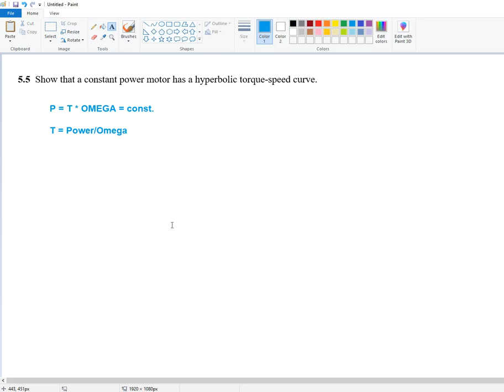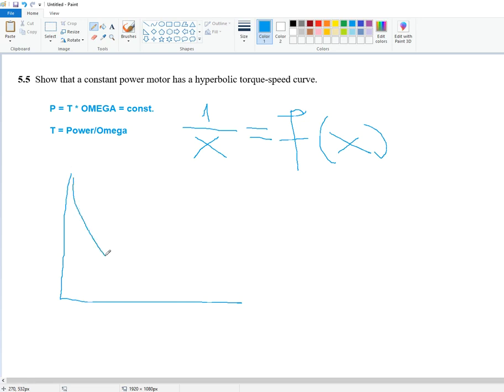Okay, so 1 over omega, or 1 over x, if you say 1 over x equals f of x, and you plot this graph, you just get that nice hyperbola, and it doesn't intersect the axis. It's an asymptote. Okay.